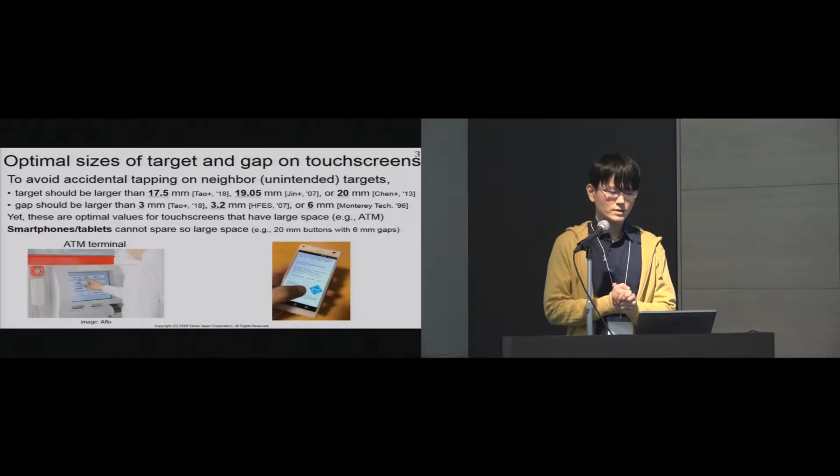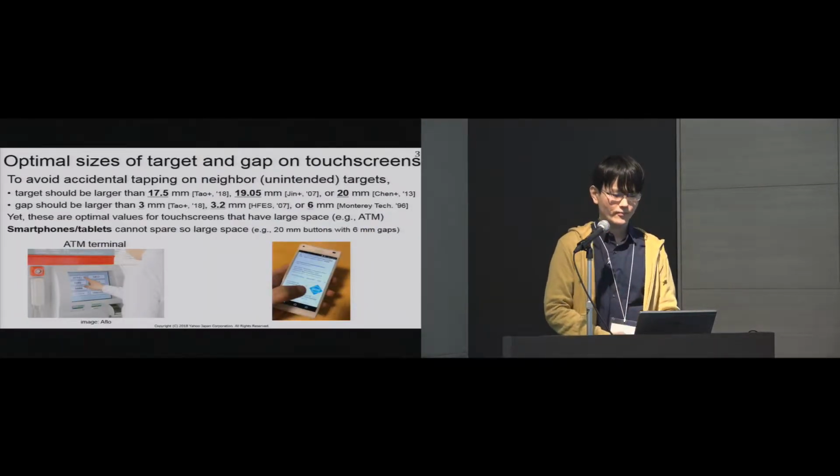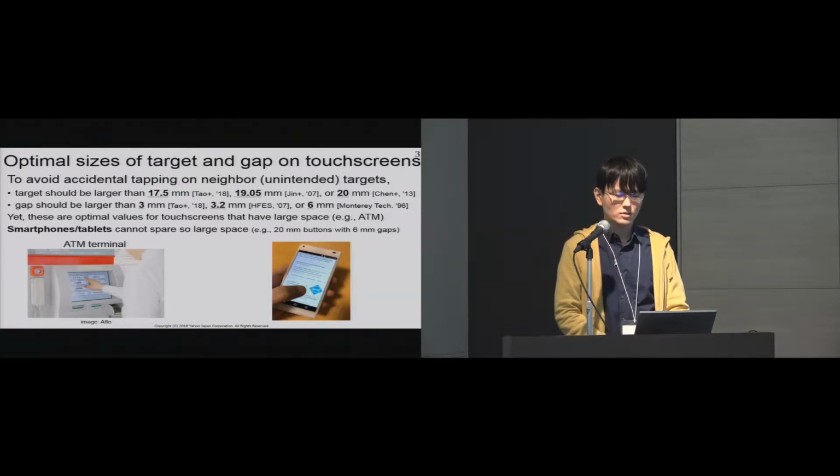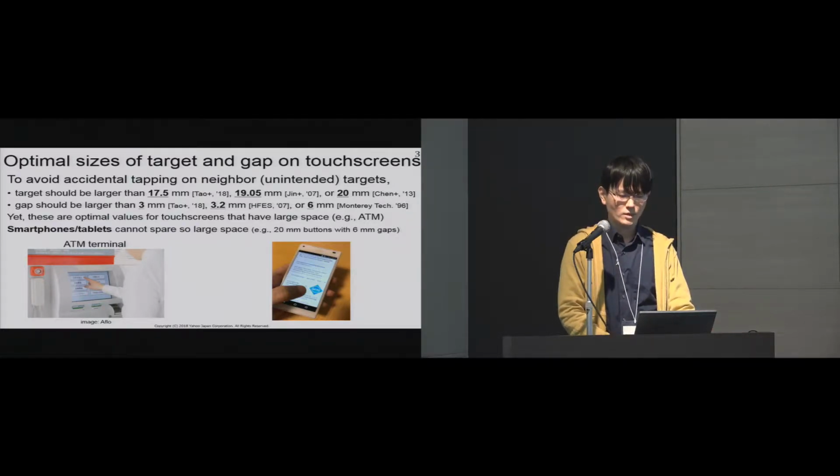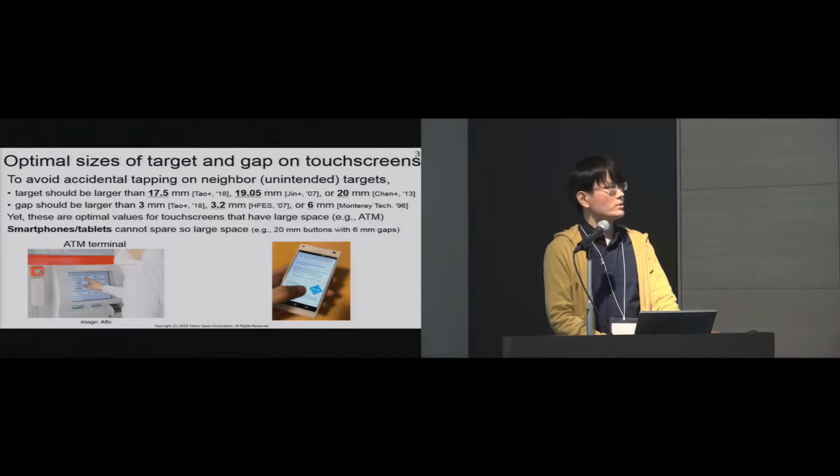First, I explain the background of this study. Some research and guidelines recommend using, of course, large targets and large gaps. For example, the optimal target size is larger than about 70 millimeters, and the optimal gap ranges from 3 millimeters to 6 millimeters.